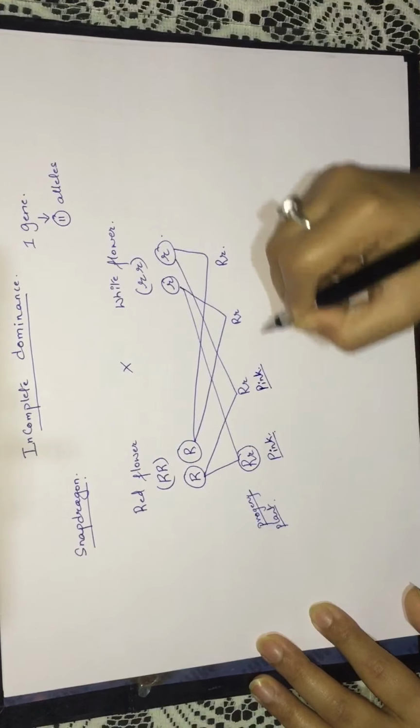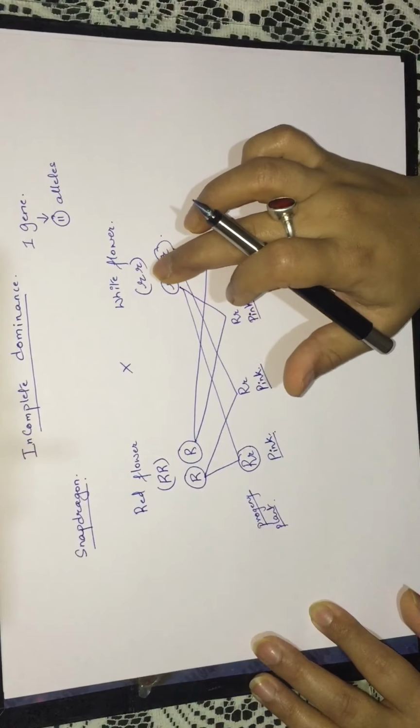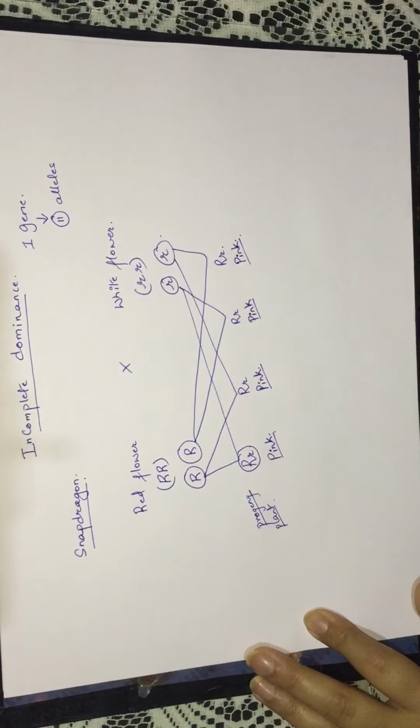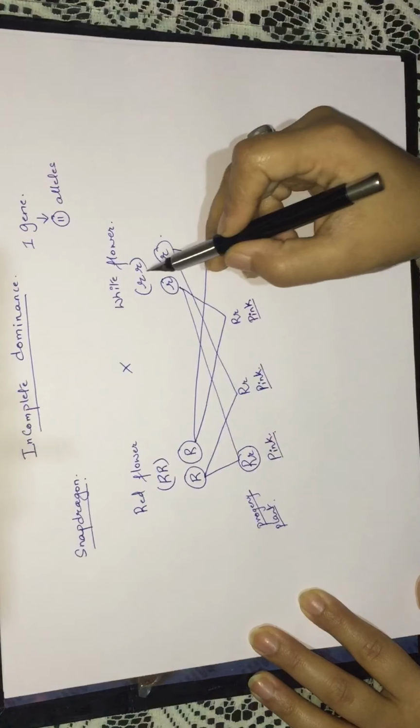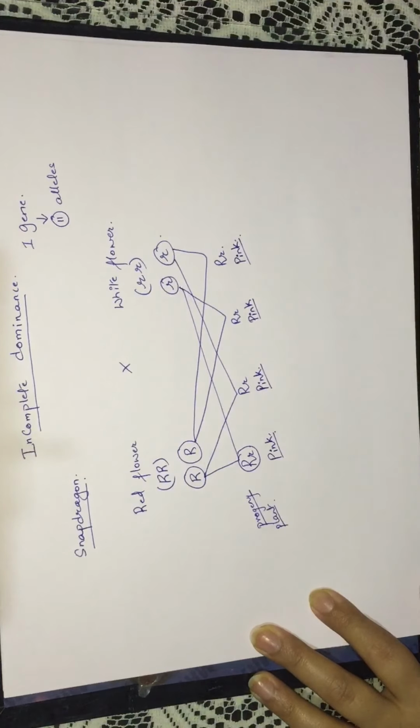So why this pink appears is because neither of the two alleles is dominant over the other one. They show incomplete dominance, they cannot completely dominate the other factor or the other allele.